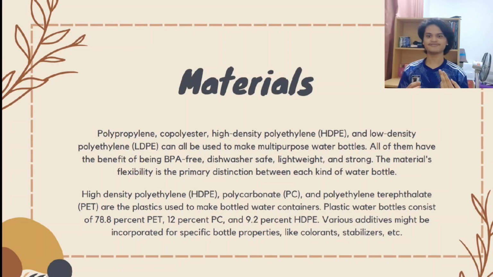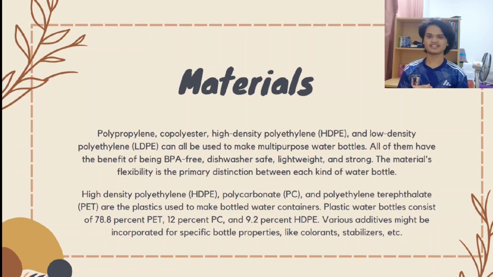The material's flexibility is the primary distinction between each kind of water bottle. High density polyethylene, HDPE, polycarbonate, PC, and polyethylene terephthalate, PET, are the plastics used to make bottled water containers.